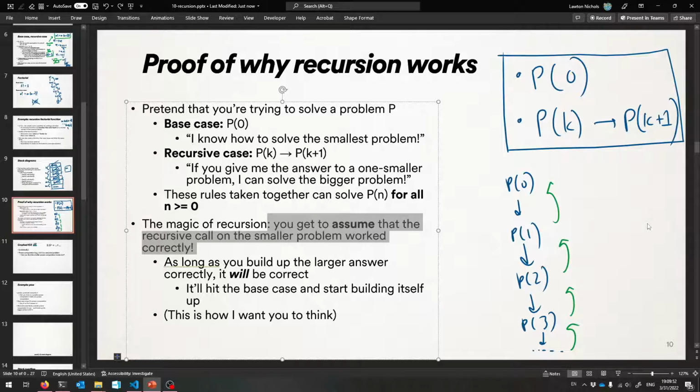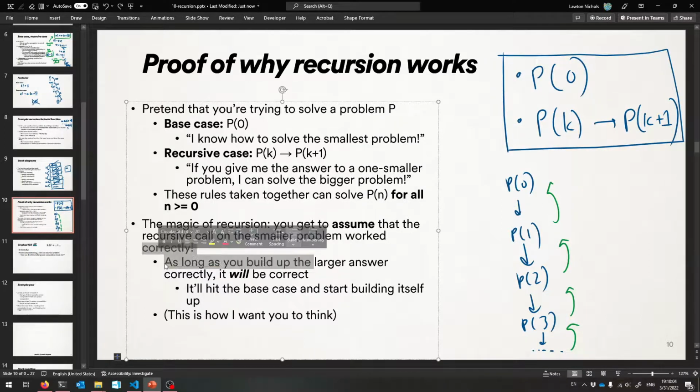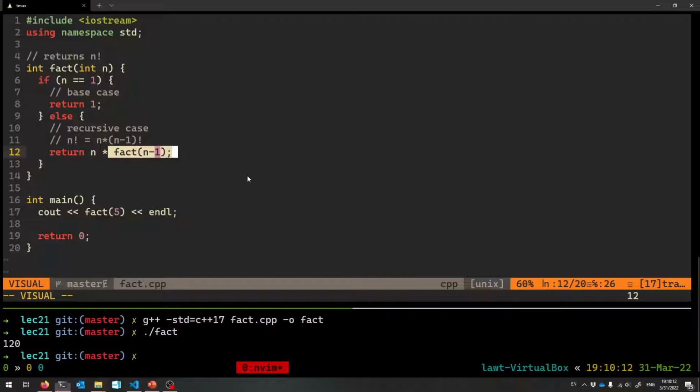You just get to assume that you have the answer to this. As long as you build up the answer to the size 1 more problem correctly, it will be correct. This is something that I can't really prove to you right now, but it is the truth. As long as you build up the larger answer correctly, you get to assume that this really did compute factorial of n minus 1.